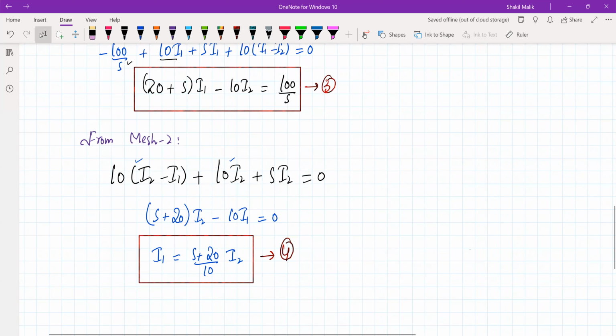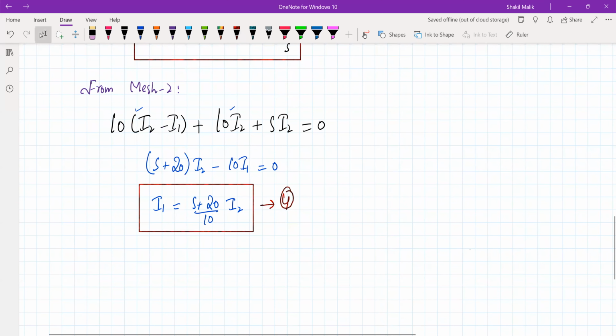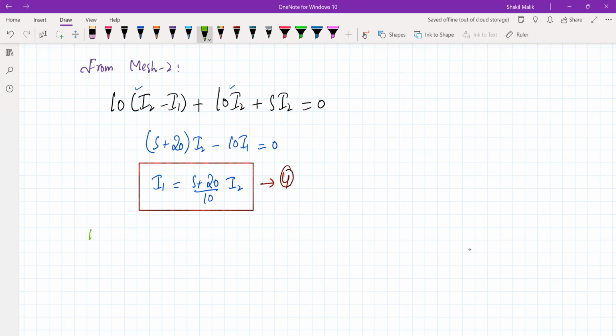Now you can see equation 3 and equation 4 are algebraic expressions in variable s.